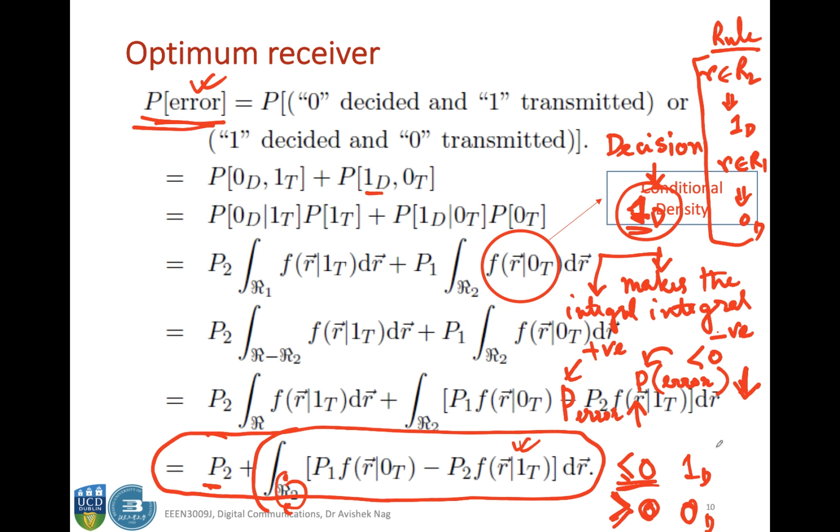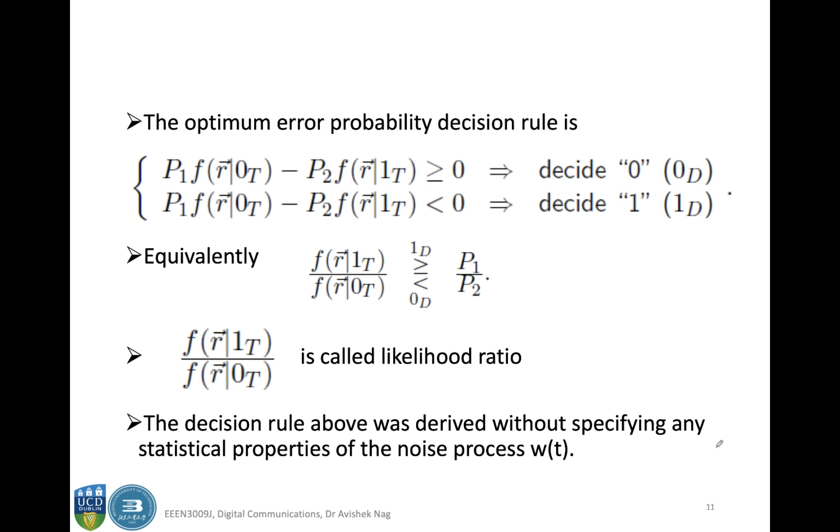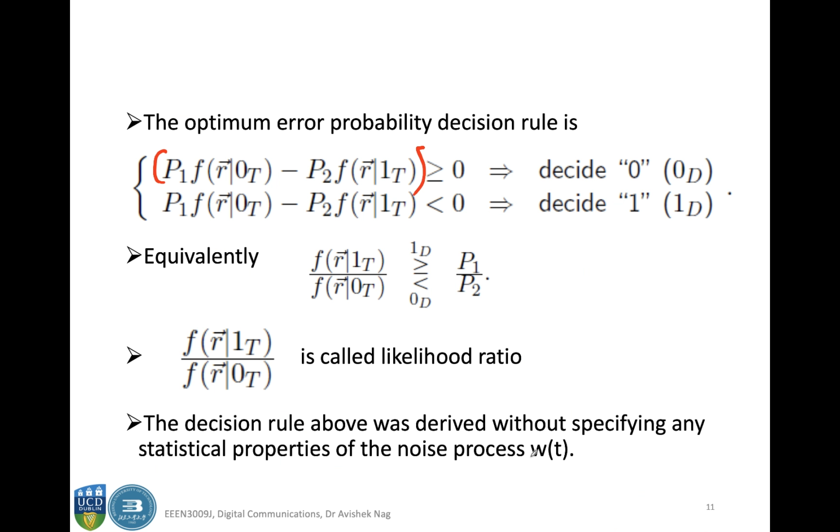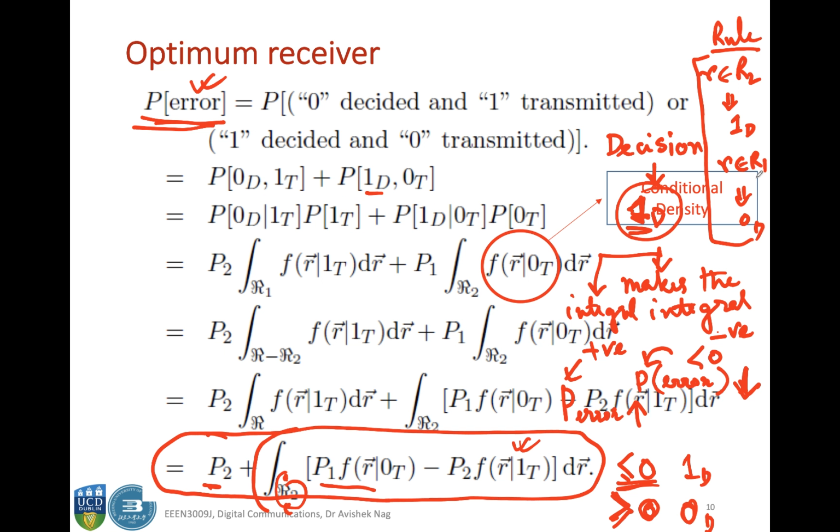So summarizing this whole concept, we have this term which was inside the integral in your last slide: p1 f of r given 0 minus p2 f of r given 1. If that is positive, then you decide a 0. If that is negative, then you decide a 1, which we just explained.